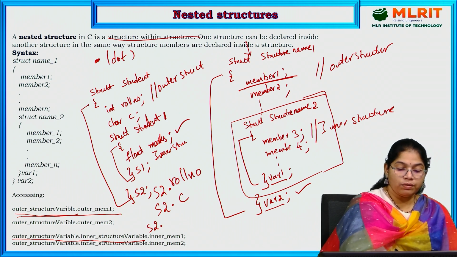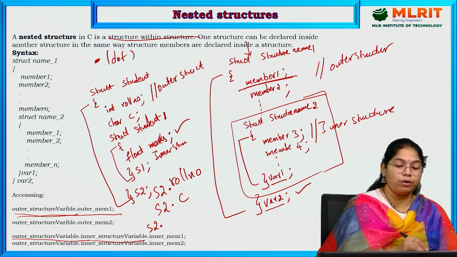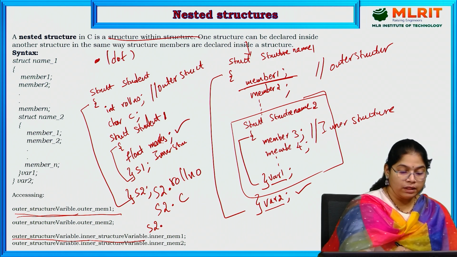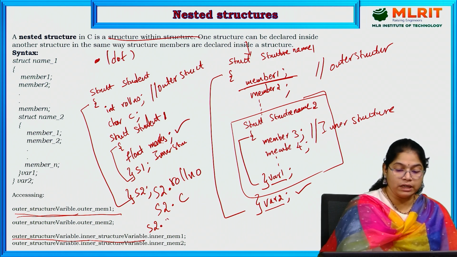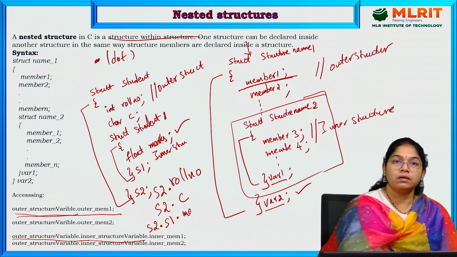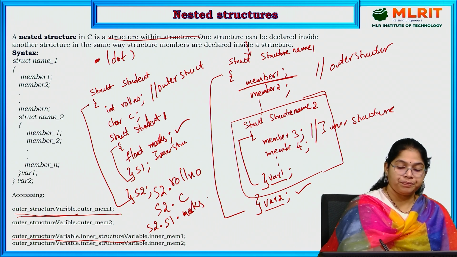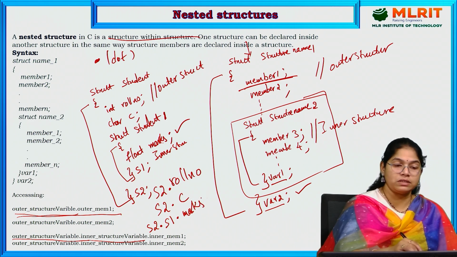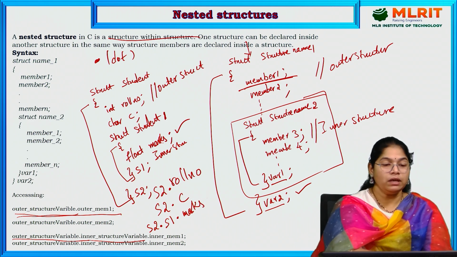Then to access, we use a dot operator, which is the access operator. Then the inner structure variable, that is S1, dot inner structure member. Here the inner structure member is marks. In this way, we can access the members of the nested structure.